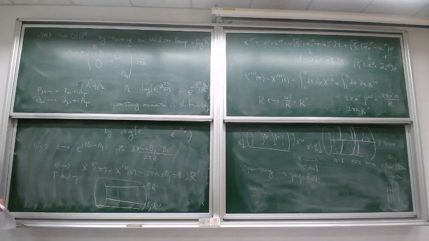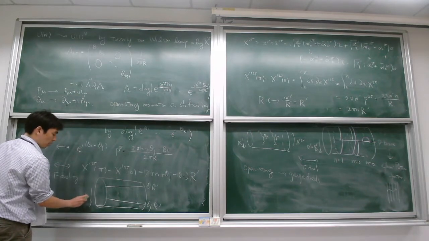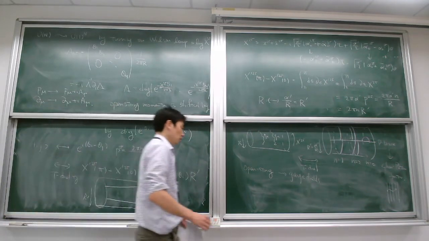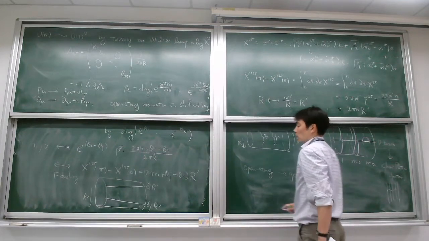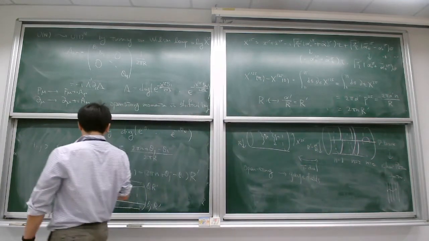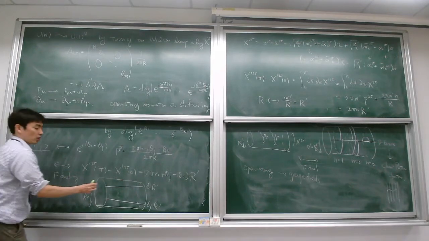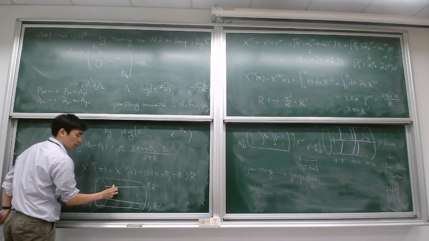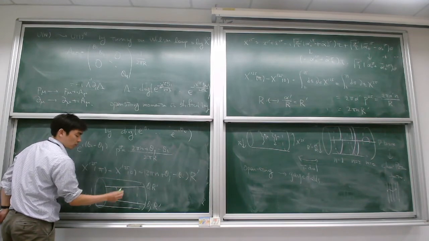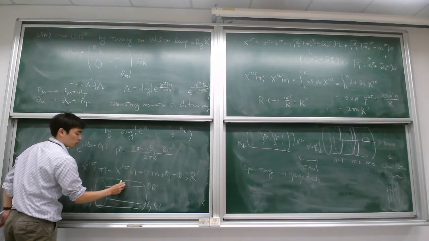And then, of course, this is after R prime. The open string then, with Chan-Paton degrees of freedom and theta ij, is just the open string between them, or in some other direction.